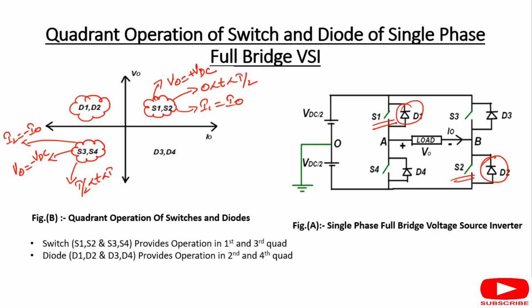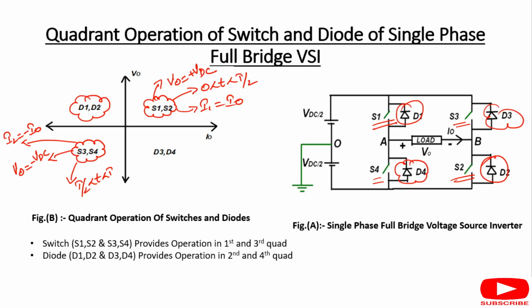In a similar manner, D3 and D4 are anti-parallel diodes connected in parallel with the switches S3 and S4. The function of D3 and D4 is to reverse the current direction, but not change the polarity of the output voltage of the switching operation of S3 and S4. So D1 D2 diodes provide operation in second quadrant, and D3 D4 diodes provide operation in fourth quadrant.